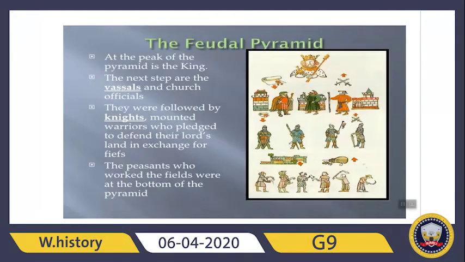Now here you need to understand the feudal pyramid. At the peak of the pyramid is the king, and the next steps are the vassals and church officials, and then they were followed by knights. Who were the knights? They were mounted warriors who pledged to defend their lord's land in exchange for fiefs.